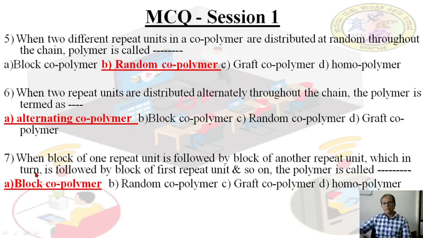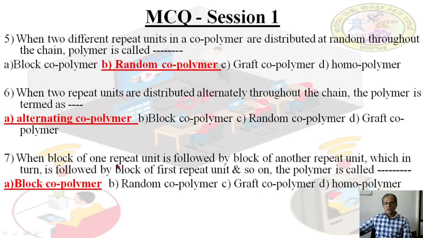Now question number 7. When a block of one repeat unit is followed by a block of another repeat unit, which in turn is followed by a block of the first repeat unit, and so on, the polymer is called dash. Block copolymer, random copolymer, graft copolymer, homopolymer.